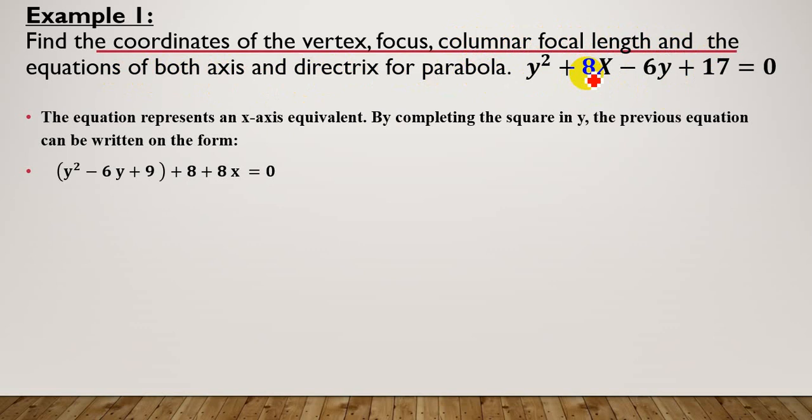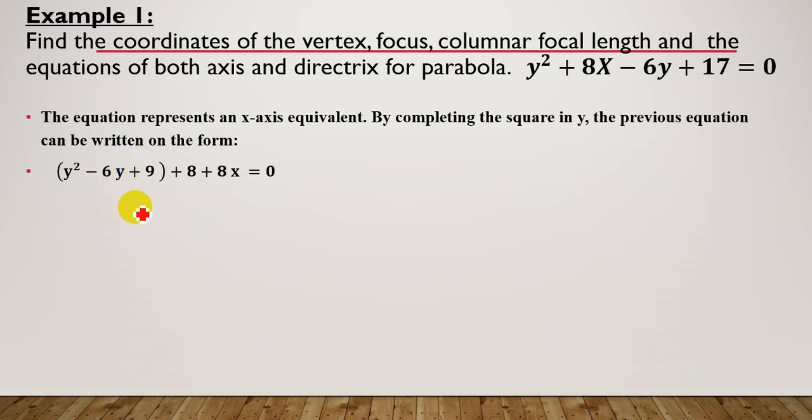For example, this equation is of course not in the real form of a parabola, so we need to change this one to the real parabola curve equation. The equation represents an x equivalent axis, completing the square for both of them.